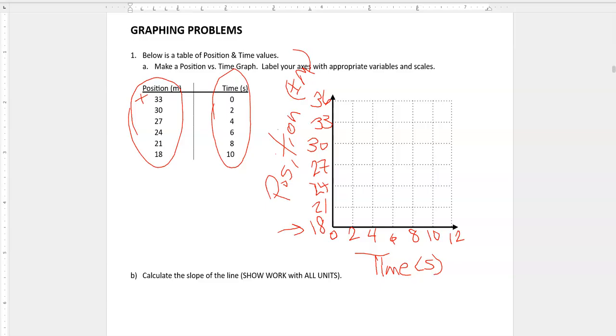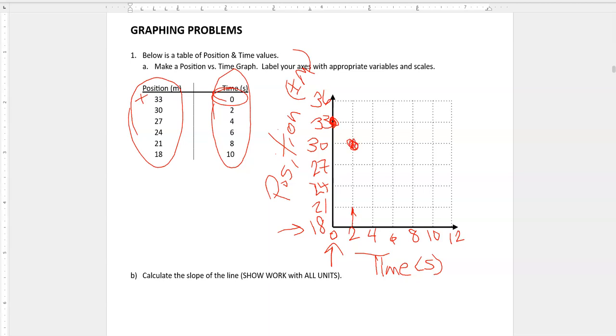And now it's a matter of plotting your points. Your first points start with the time 0, and you look for under time 0, there's 33-meter position and put a dot there. You look for the 2-second position, and look for the 30-meter position to put a dot there.